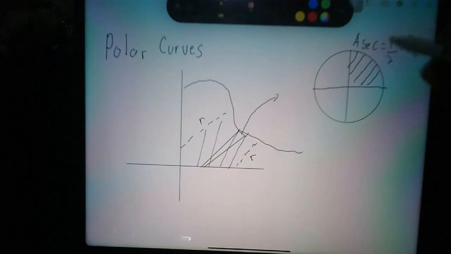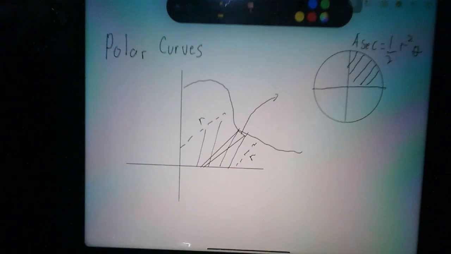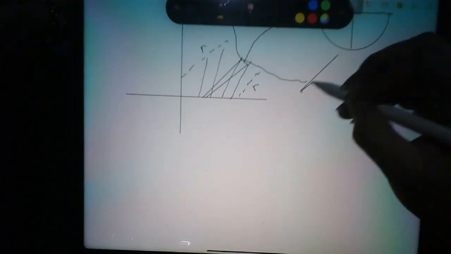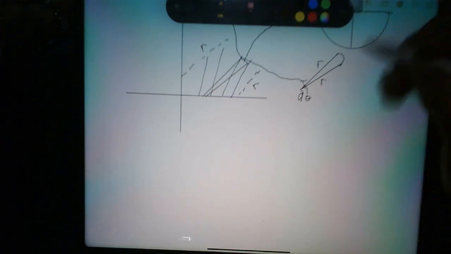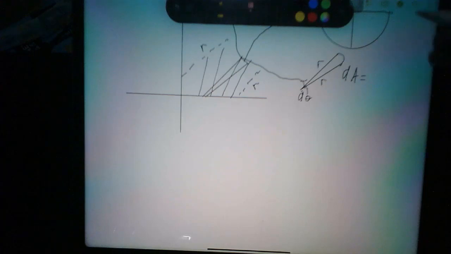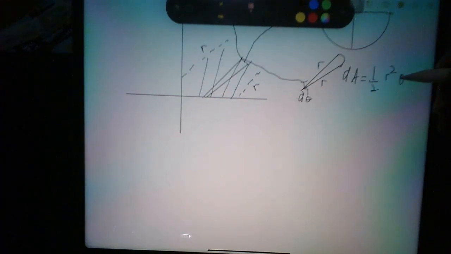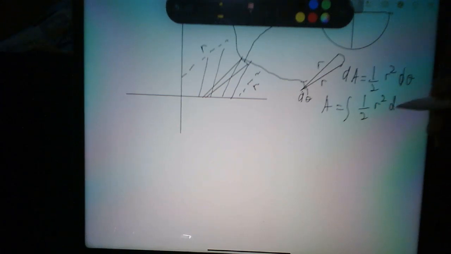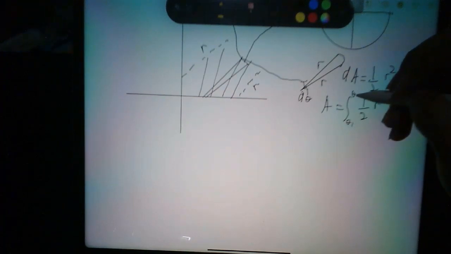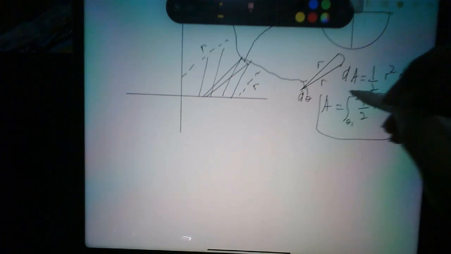So the area is the integral of 1/2 r squared d theta from limits theta 1 to theta 2. So this is our formula for polar curves.